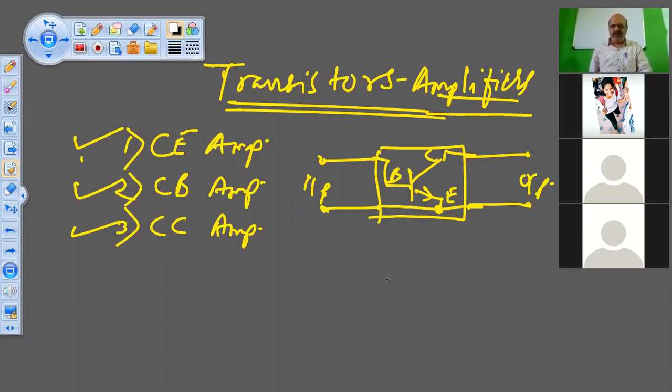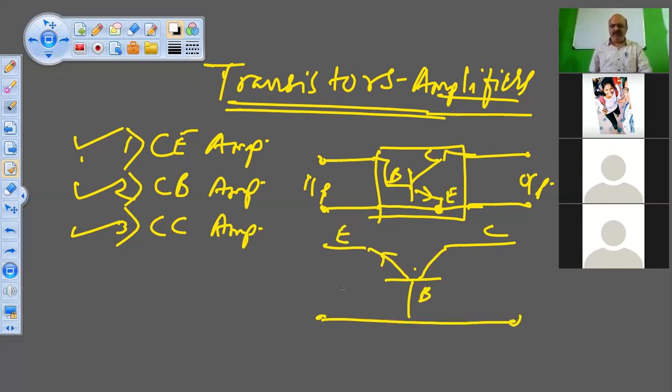On the other hand, if I make the base common, this is my emitter, this is my collector, and this is the base, with the input side and the output side. Here base is common, so we call this type of amplifier a common base amplifier.